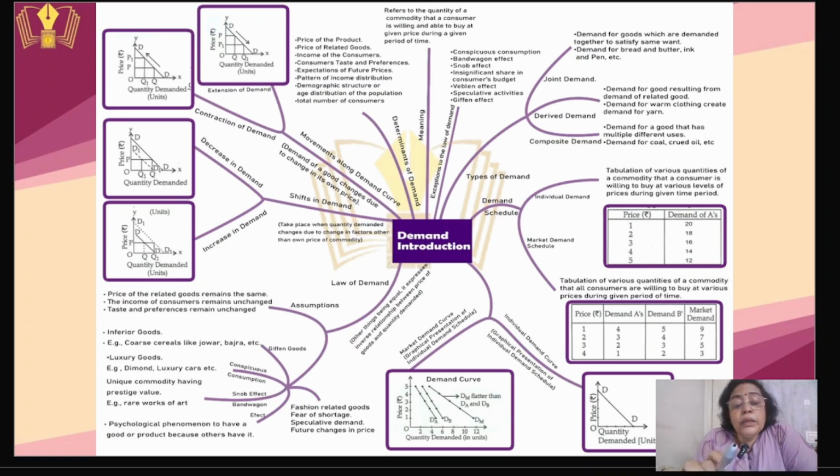Now, if we try to find out the law of demand, what is the law of demand? We say that other things remaining unchanged, constant, we use the word ceteris paribus, other things being equal, it expresses only the inverse relationship between price of a commodity and the quantity demanded.